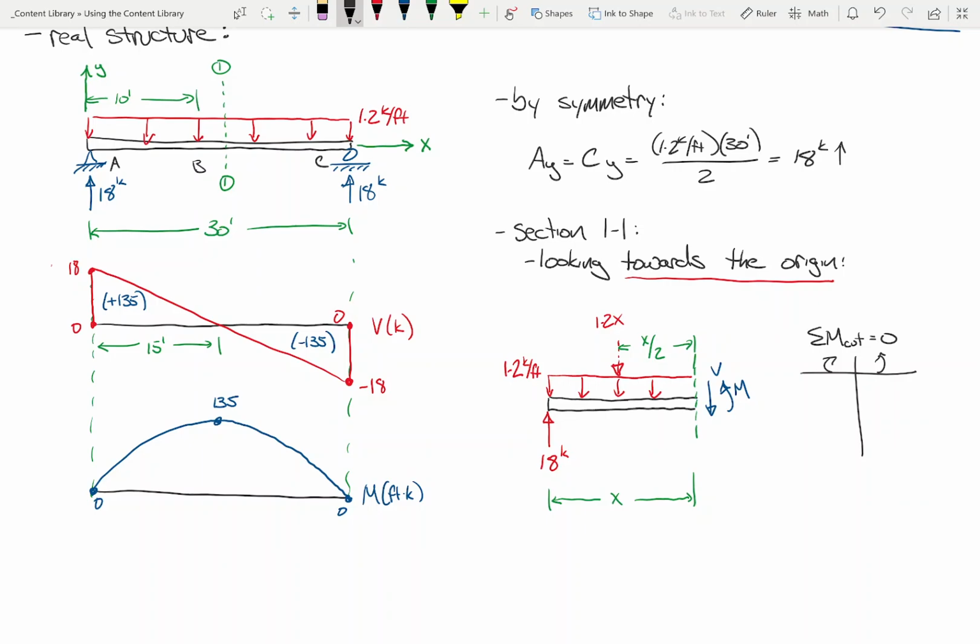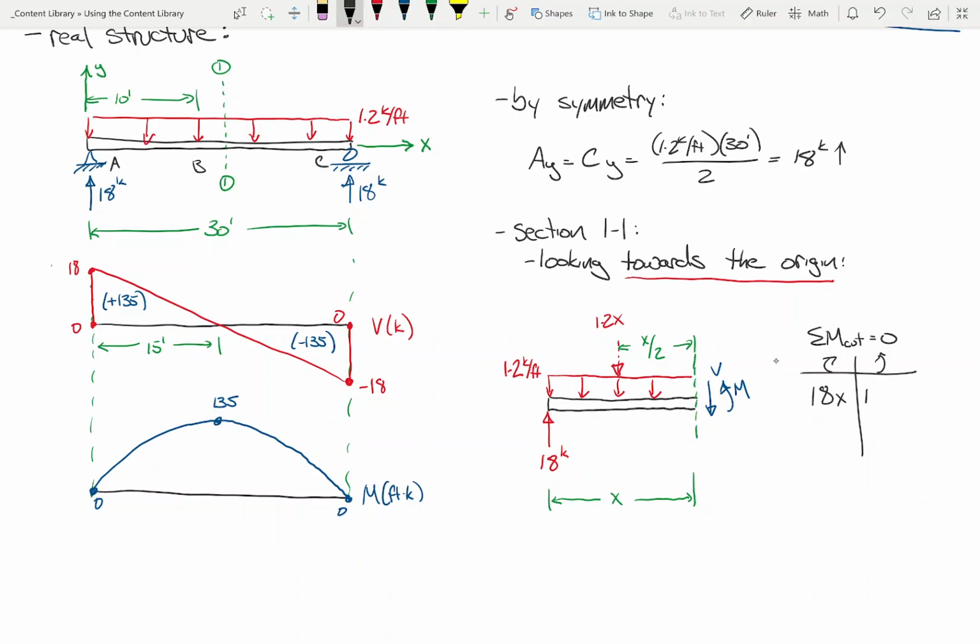Let's see what we can come up with. So what do I have? 18, how do I handle this? 18 times what? x. On left or right? Okay, 18x. What about the 1.2x?